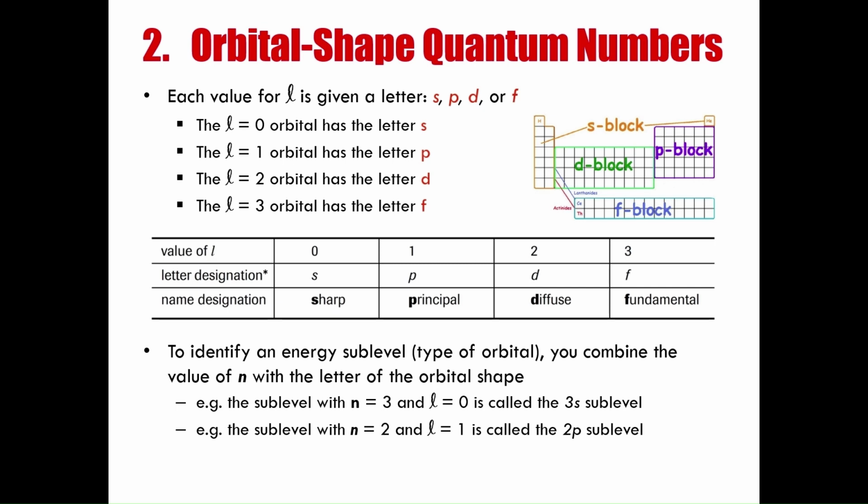And so the orbital that's described by L equals 0 and S is called sharp. That's the name of that orbital shape. L equals 1 has a principal name. L equals 2 is called diffuse. L equals 3 is called fundamental. And each one of these types of shapes corresponds to a specific location on the periodic table.